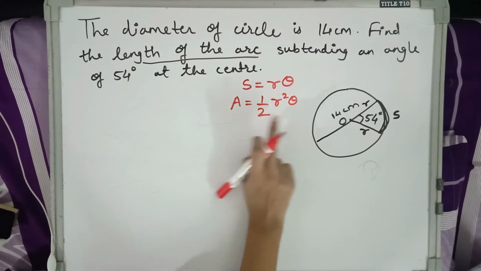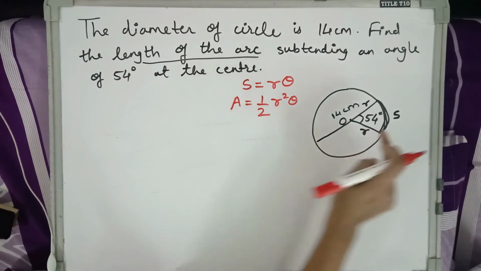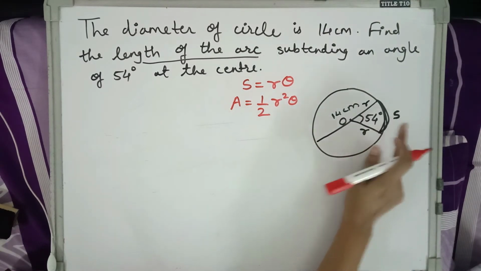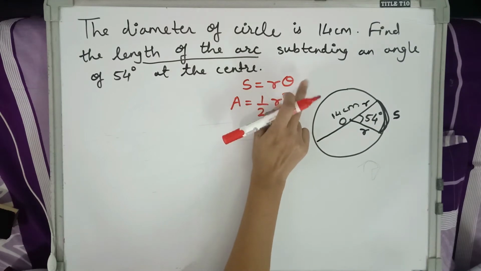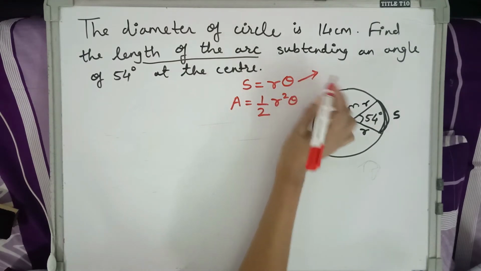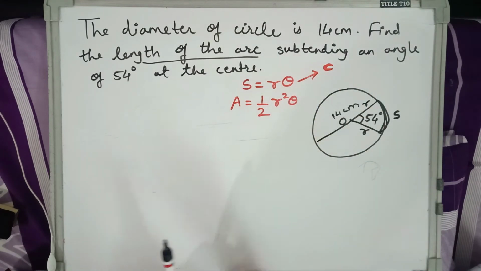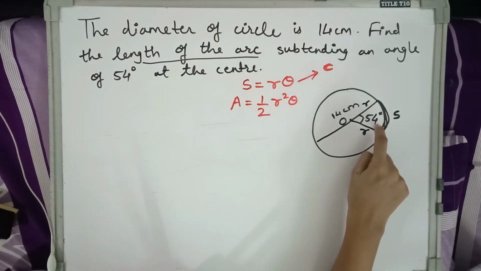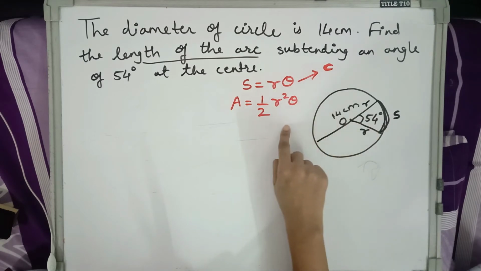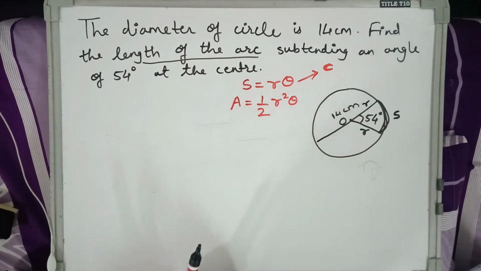Theta should always be in radians. Here theta is given in degrees, so we have to convert it to radians first.